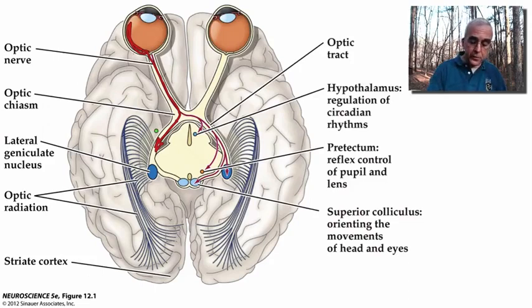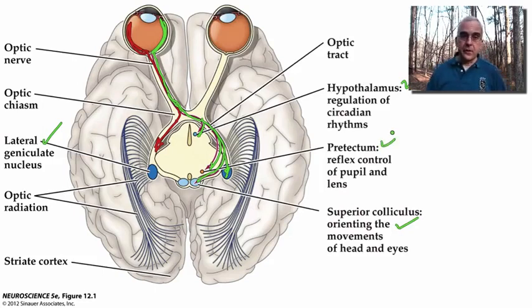Those axons that arise from nasal retinal ganglion cells that sit here in this location, close to the nose on what we call the nasal side of the retina, they grow their axons through the optic nerve, and when they get into the optic chiasm, now these axons cross the midline, and they give rise to projections to a variety of targets in the diencephalon and in the midbrain, including the hypothalamus and the lateral geniculate nucleus of the diencephalon, and the superior colliculus and the pretectum in the midbrain.